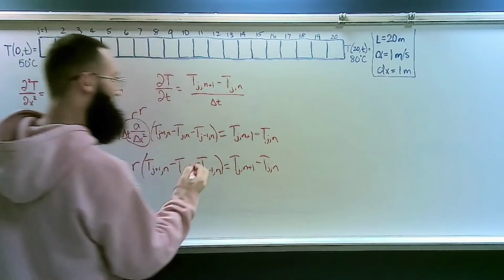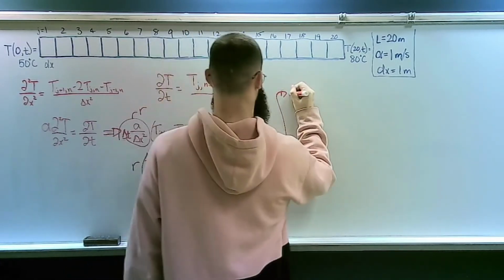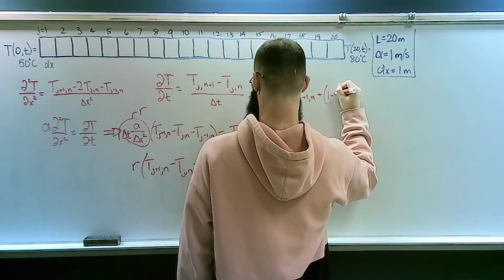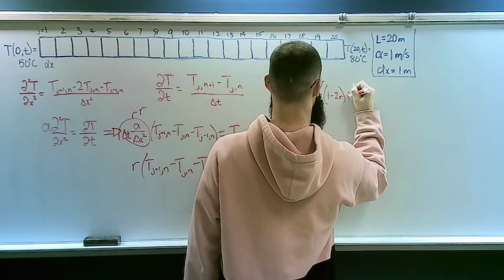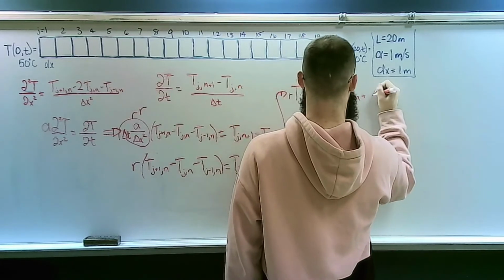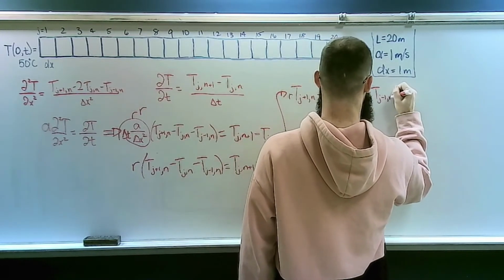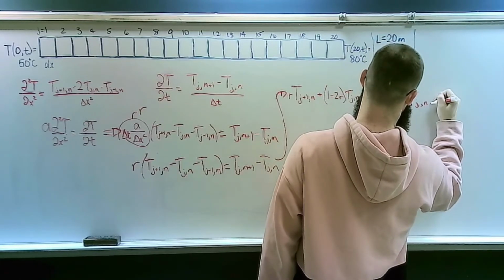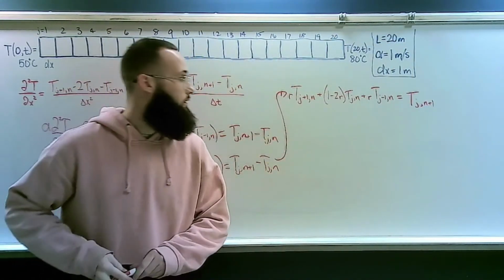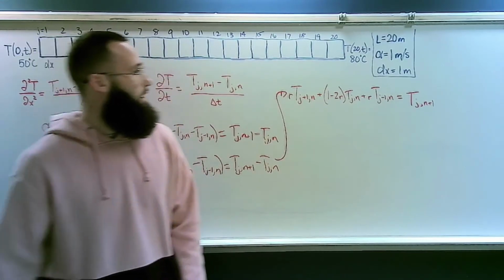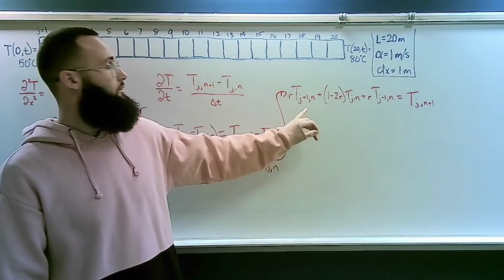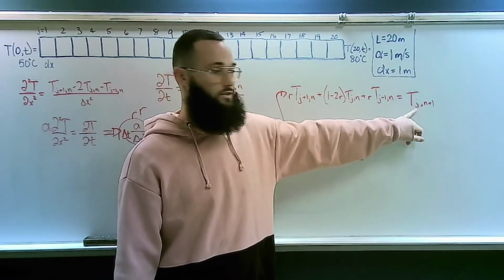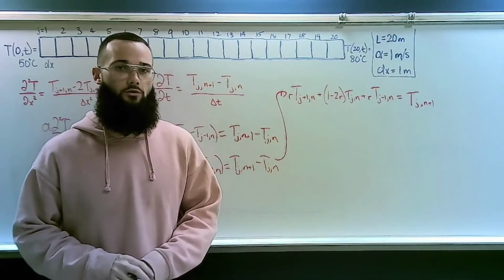And so that's going to give us, let me move up here so I have a little more room, r T_{j+1}^n minus 2r times T_j^n plus r T_{j-1}^n is going to be equal to the temperature at position j at time n+1. So using only temperatures at the current time will give us the temperature at the next possible time interval at position j. And so this is going to be the basis for what we go off and code.